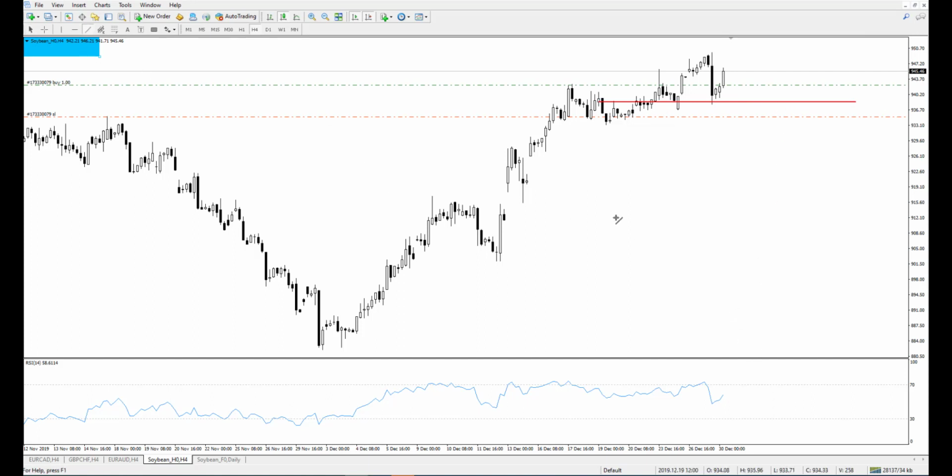you can see that price made a higher high. I'm going to get rid of my support line. You can see price made a higher high, and the RSI made a lower high. That is your divergence. Price is making a higher high, RSI is making a lower high.